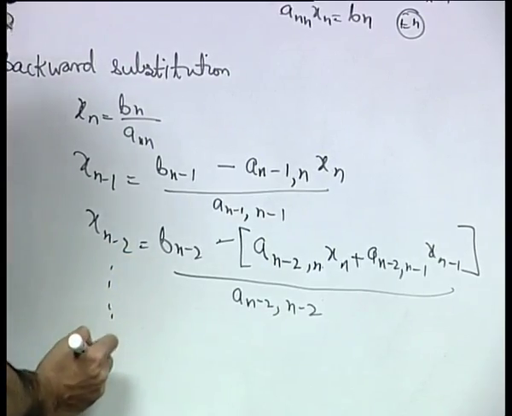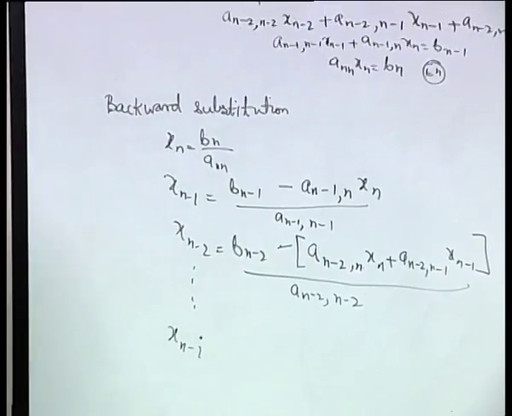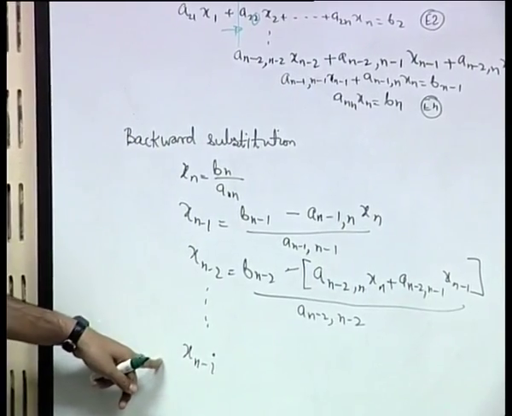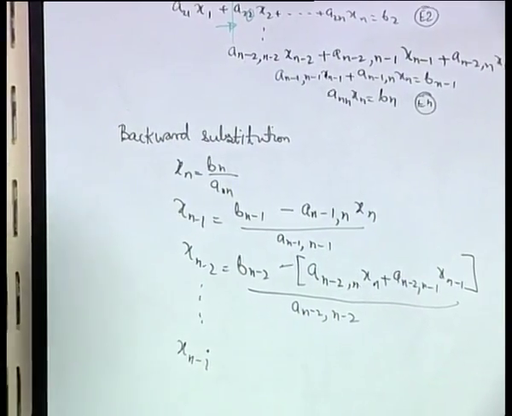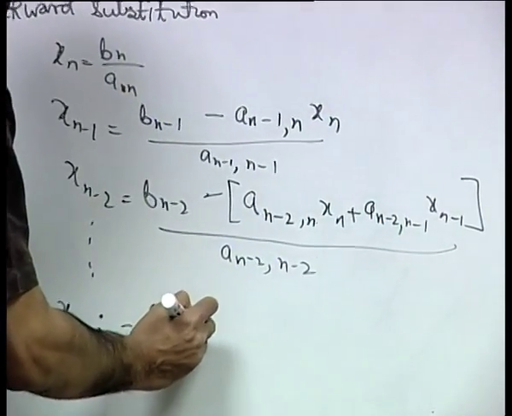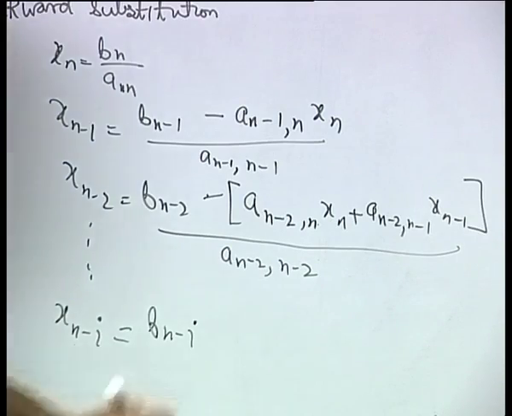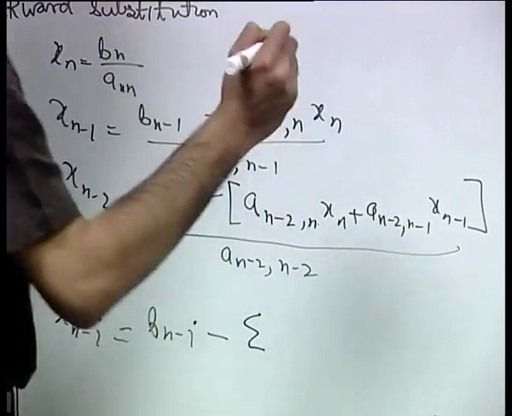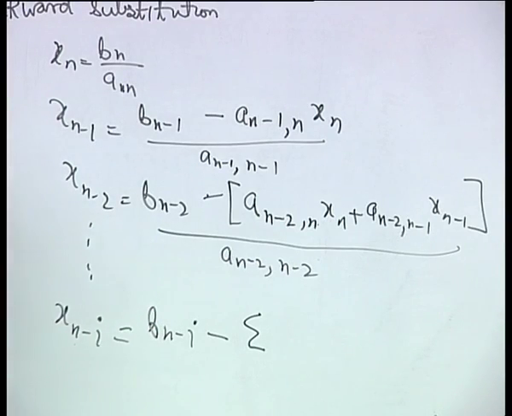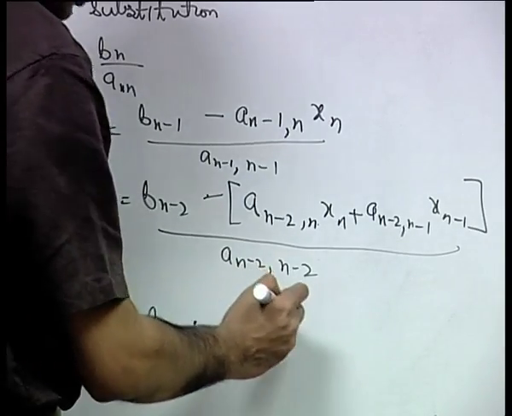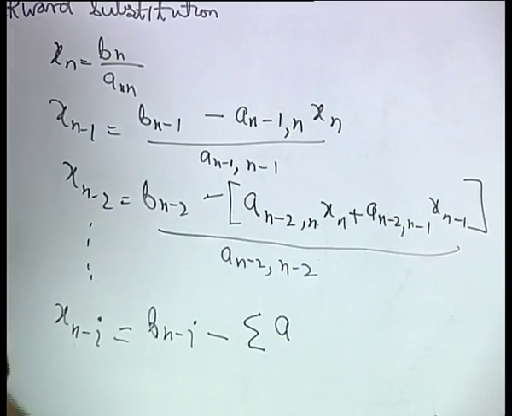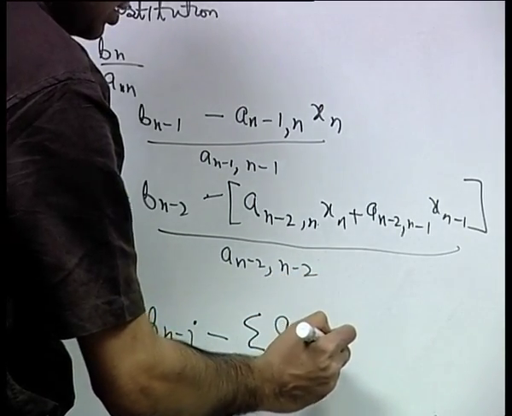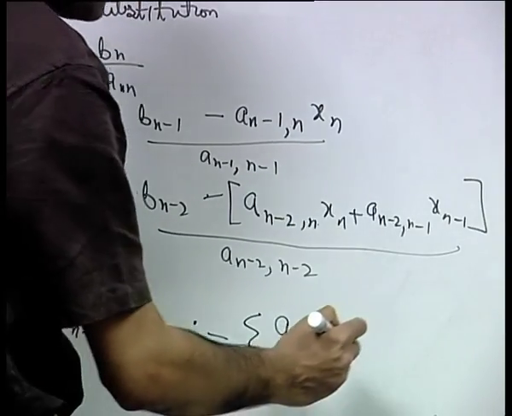In this way, if you want to write x_{n-1}, x_{n-2}, in this way x_{n-i}, then what is that? b_{n-i} minus, there is a summation of a_{n-i,j} x_j.